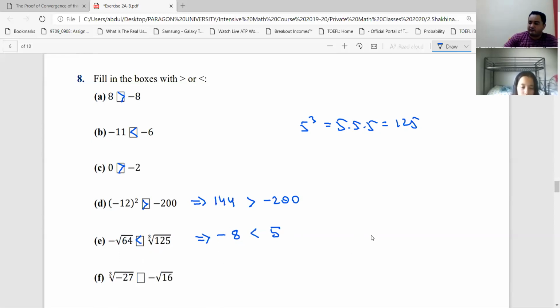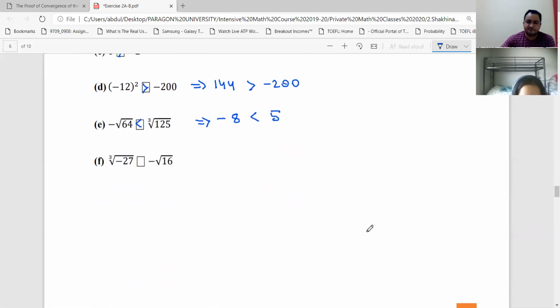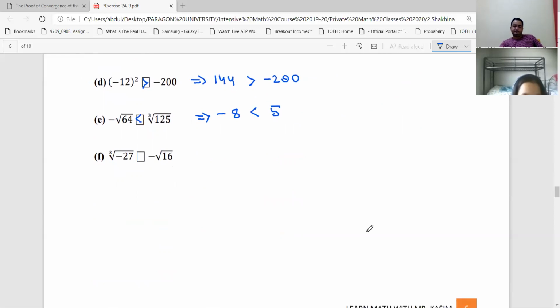Okay. How about F? Negative 20, and that's going to be negative 9. Are you sure? Why negative 9, Shahina? First answer this: what is the cube root of 27? 9?